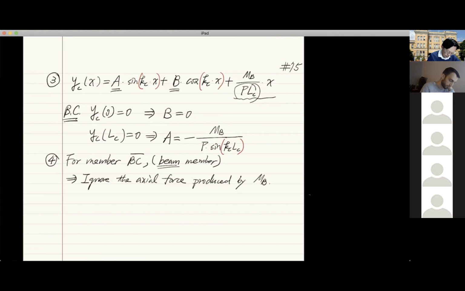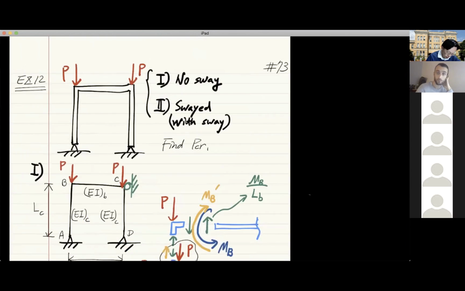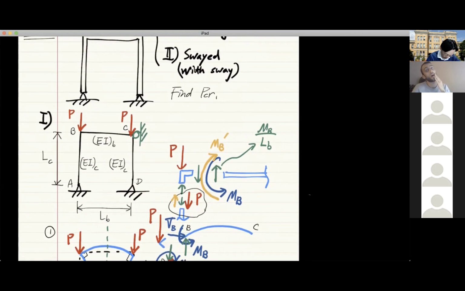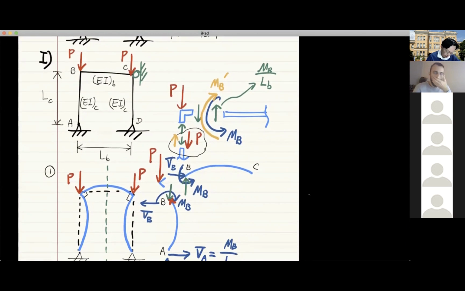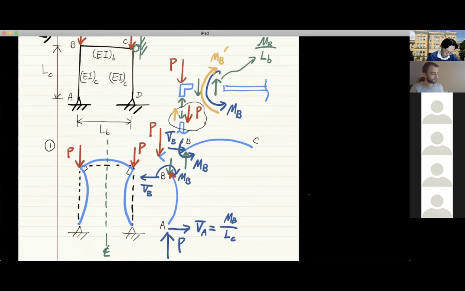And what is this term? This term is the axial force acting on the member, which is the shear force produced by this MB, which is MB over Lc, right? Because we said we're going to ignore the deflection produced by the shear force on the column, and it's the same shear force.